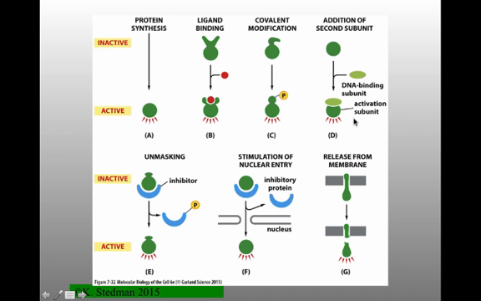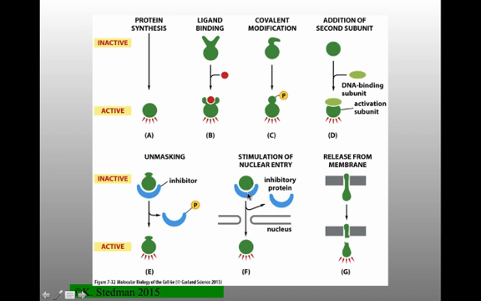In a few cases, you have a separate subunit that's going to associate with your otherwise active transcriptional activator. It can't do anything until it's bound to DNA, so it has to have a DNA binding subunit. In a number of cases, you've got DNA binding proteins that are transcriptional activators that can only be active if you remove an inhibitor.